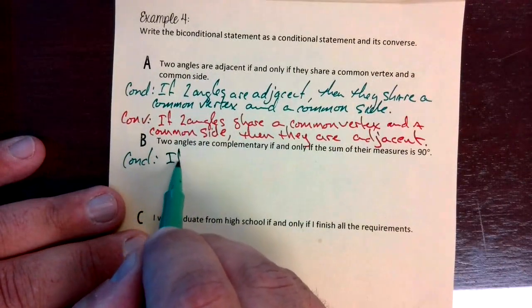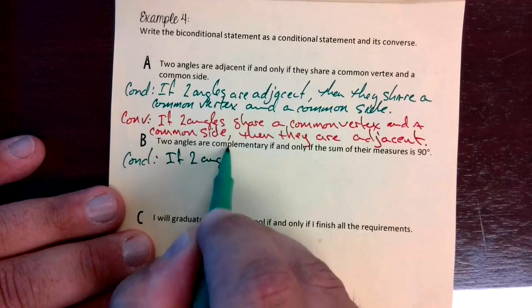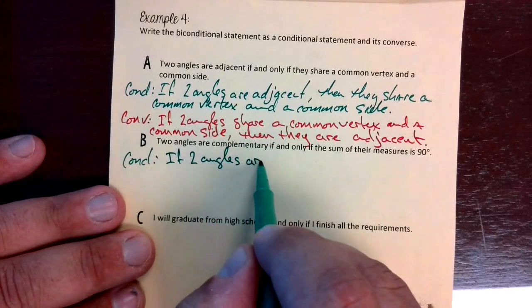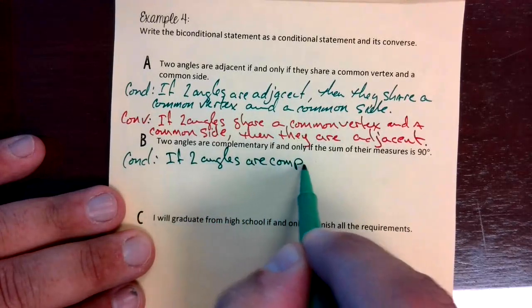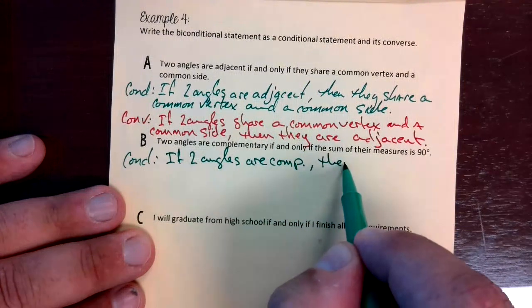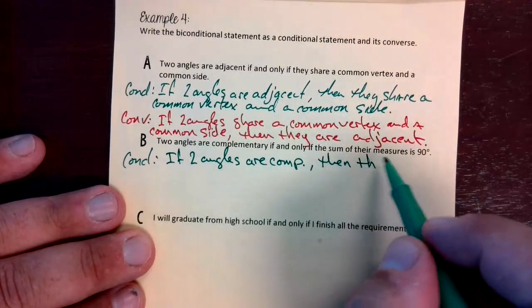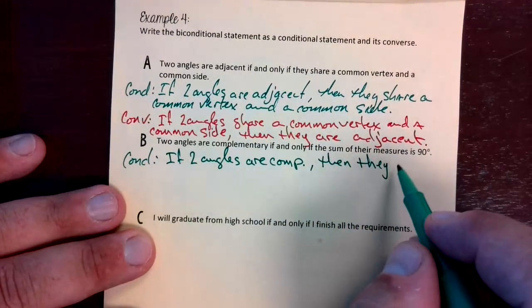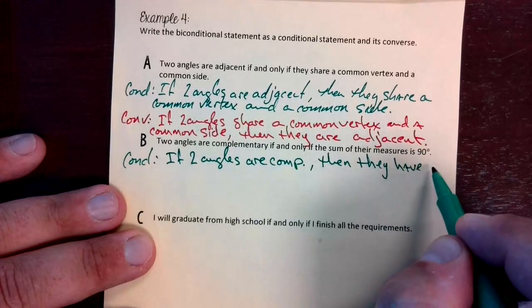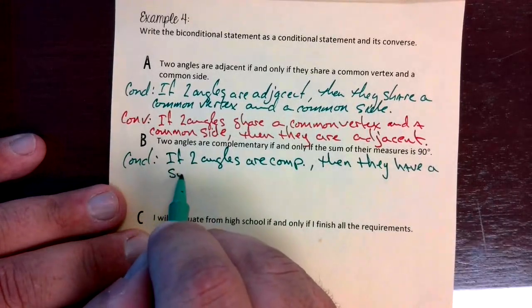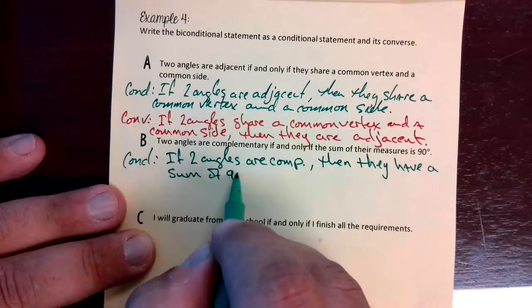So if two angles are complementary, then they have a sum of 90 degrees.